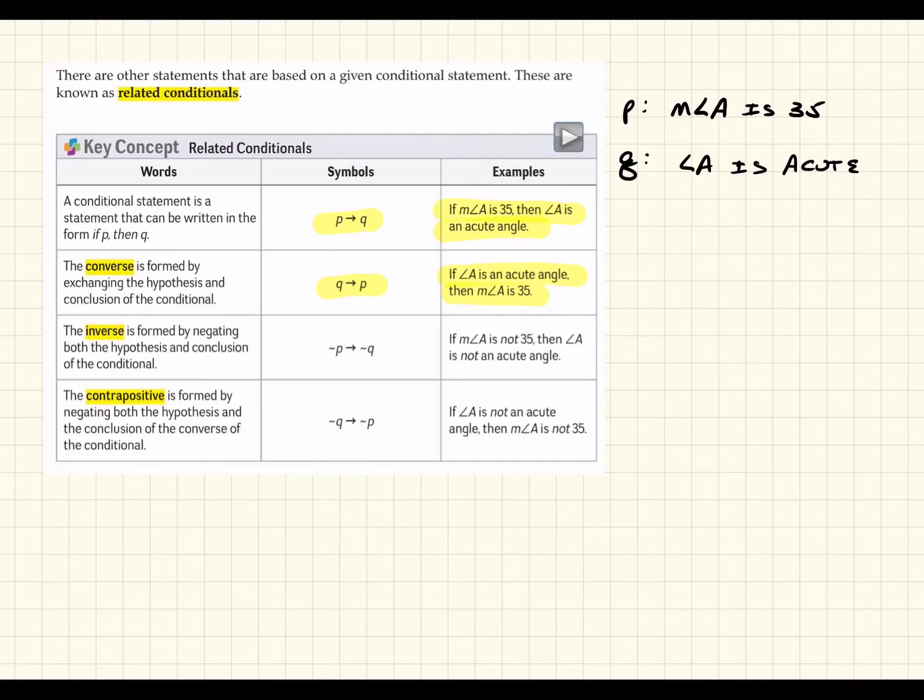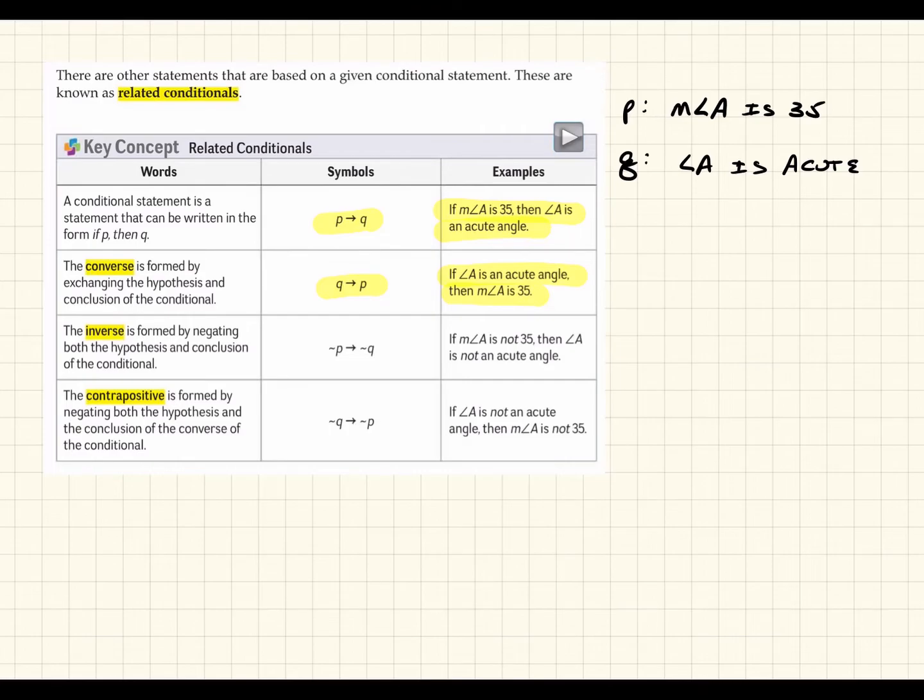Just because an angle is acute doesn't necessarily mean that the angle is going to have a degree measurement of 35. So we have to take a look at these statements and evaluate them on their own. That is a converse statement.